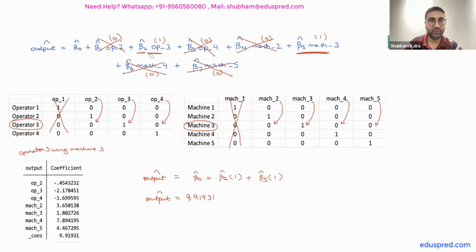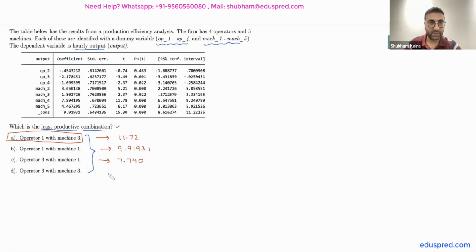Beta 2 hat is the coefficient of OP_3, so it becomes minus 2.178451. And beta 5 hat is the coefficient of MACH_3, which is plus 1.802726. When you solve this, you will get that output hat, the estimated output, is equal to 9.543. So we can put over here that this is 9.543.